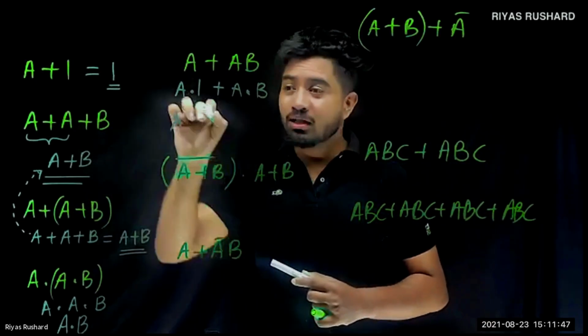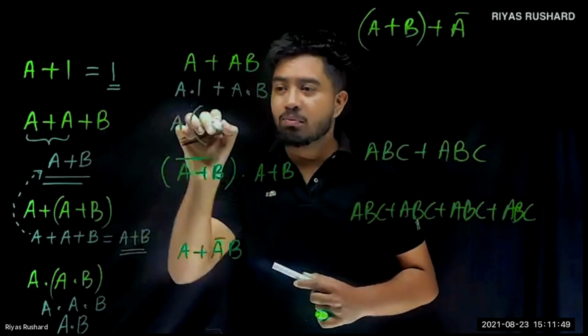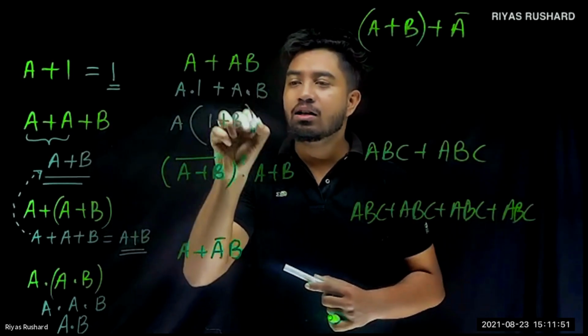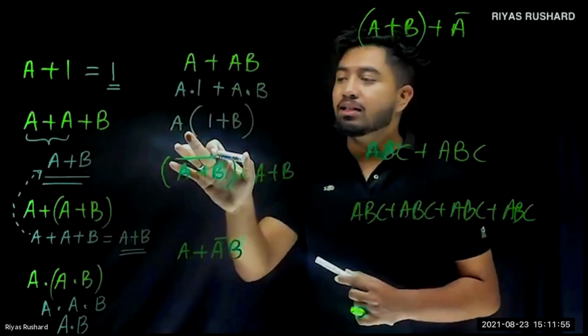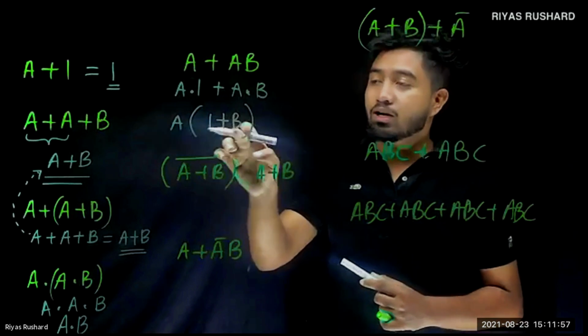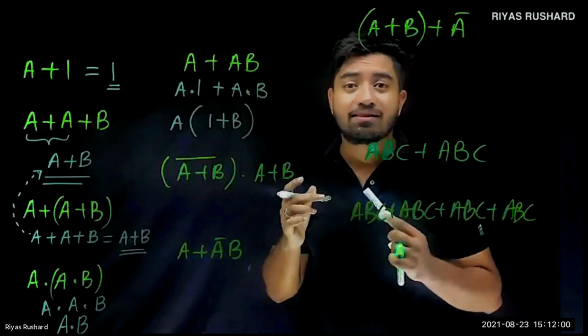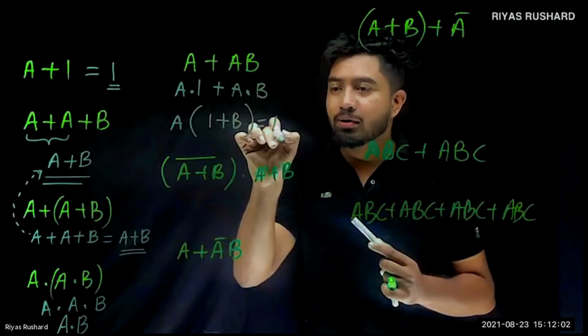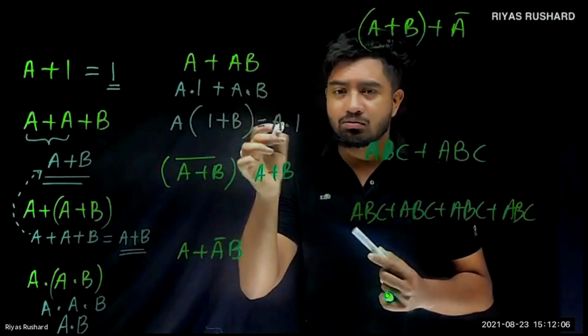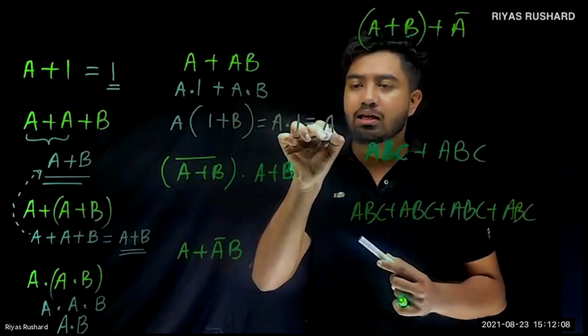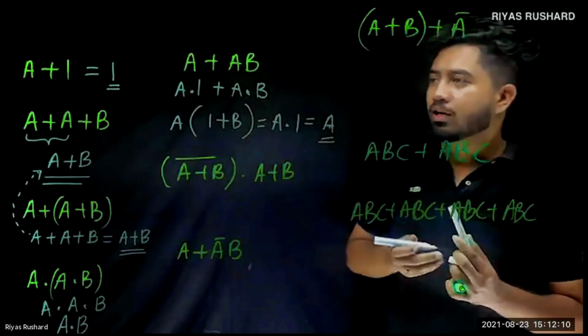A is common, sign is dot, 1 plus B. Later, you can simplify. 1 plus B, anything you add with 1 is 1. So you will end up with A dot 1. A dot 1 is equal to A.